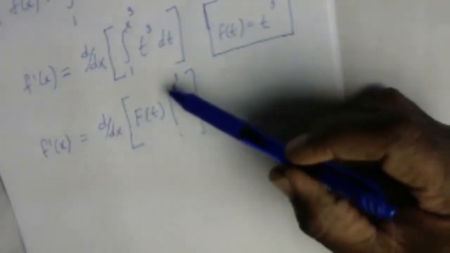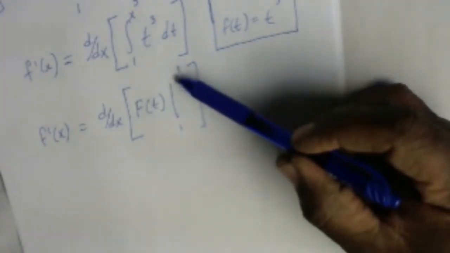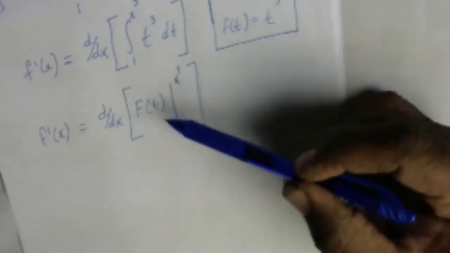Okay, so now in simplifying this further, I'm going to use the fundamental theorem of calculus part 2. We're going to take the integrated function evaluated at the upper limit minus the integrated function evaluated at the lower limit.